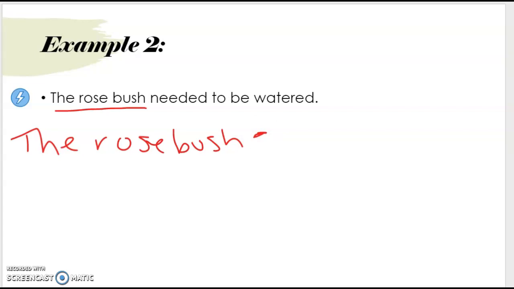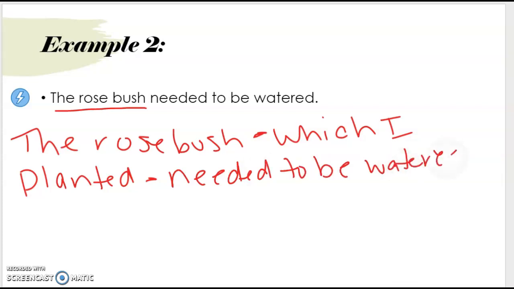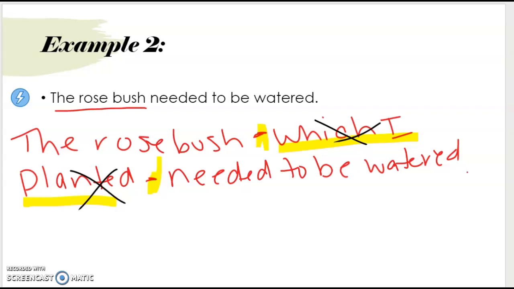The rose bush, which I planted, dash, needed to be watered. There's the same thing. We have our 2 dashes. We have our non-restrictive element, which is our extra information. And if we took it out, we would have the same exact sentence we had before.